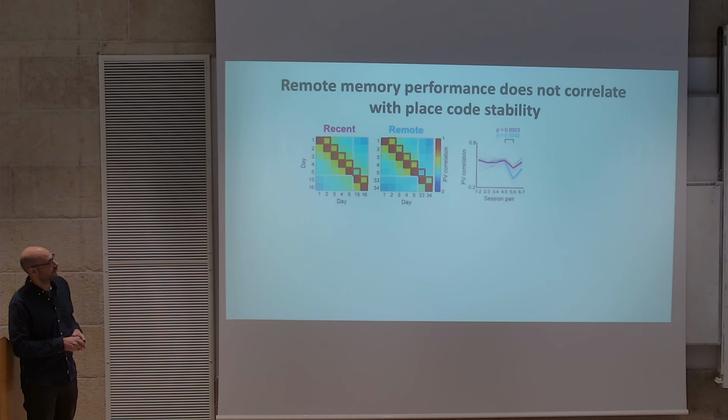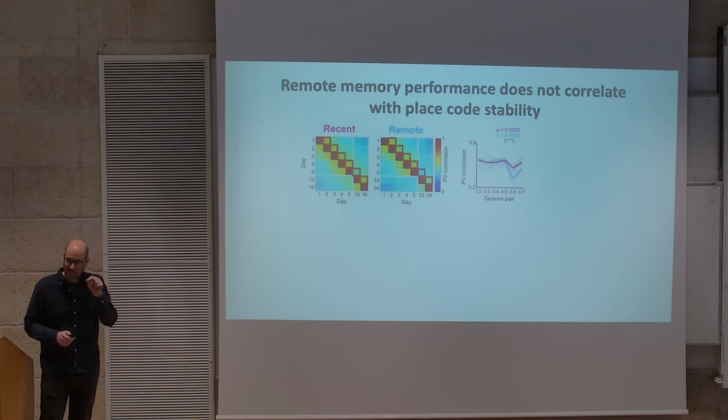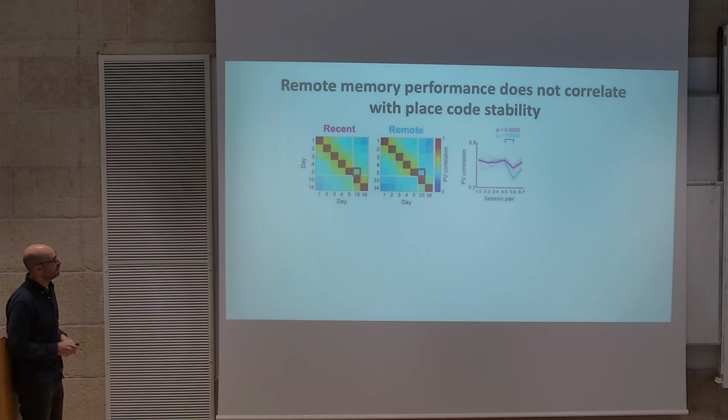This is summarized here, despite the fact that the mice do improve their performance over time. And if we look at the similarity between the recall day and the last day of learning, day 5, we see a time-dependent decline in the similarity between these representations.